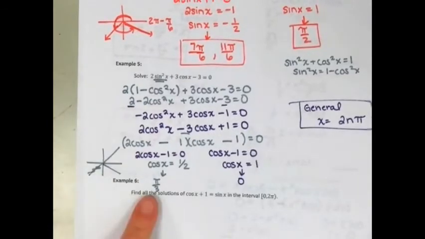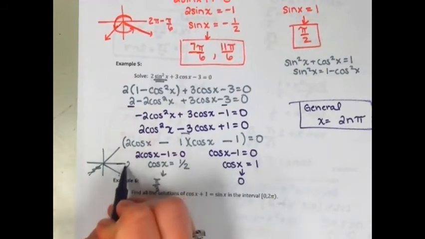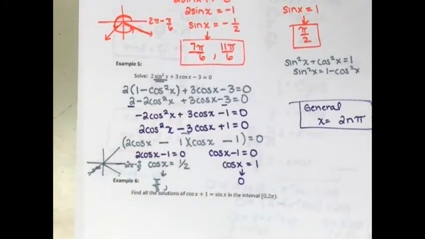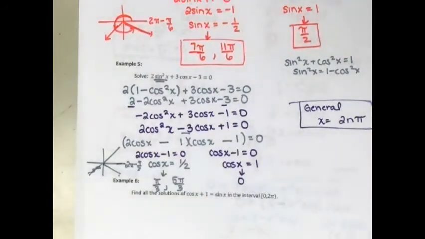So quadrant 1, wouldn't that just be pi over 3? Yeah. So quadrant 4, right? Quadrant 4 would be 2 pi minus that pi over 3, which would put you at what? 2 pi is 6 pi over 3, right? So it's 6 pi over 3 minus 1 pi over 3. 5 pi over 3. Okay.